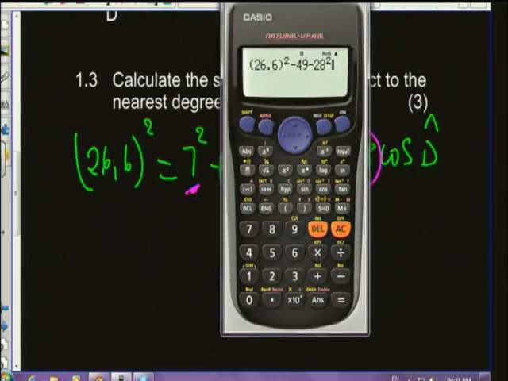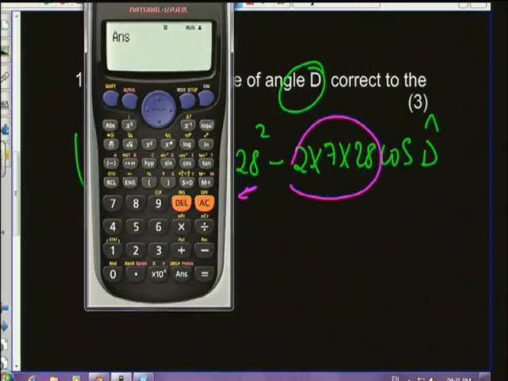Now we get our answer there. So now that answer that we have is negative 3136 divided by 25. Then we have to divide that answer by negative 14 by 28. Okay. So now this is what we get, 0.32.